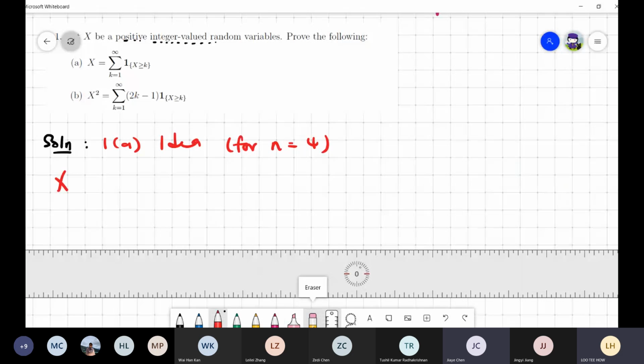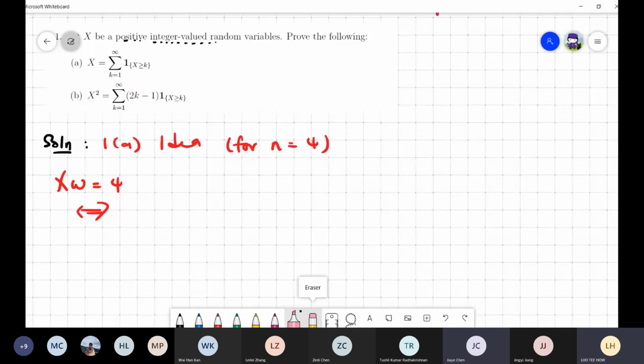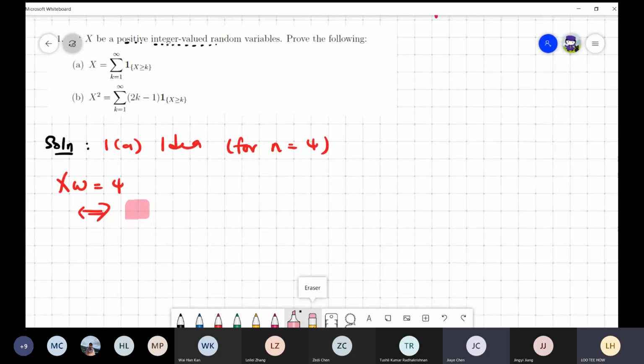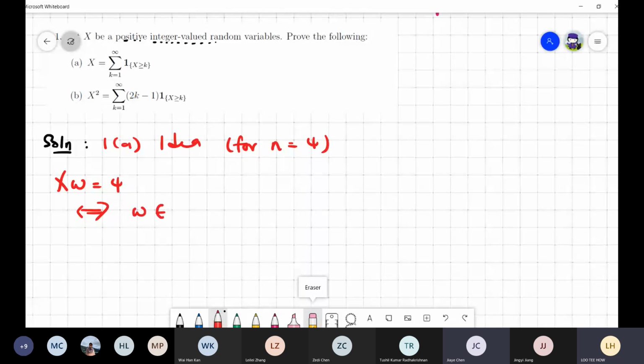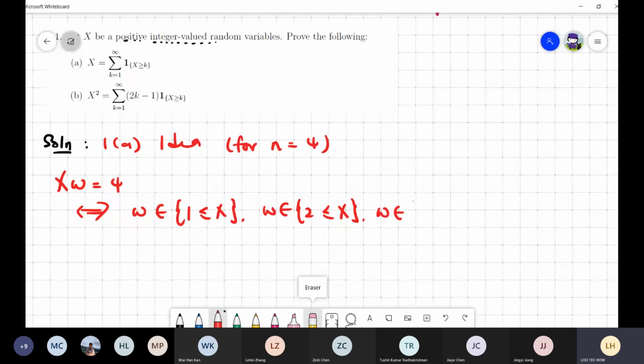If X of omega is equal to 4, this is equivalent to saying that omega belongs to this, and so on, up to 3.